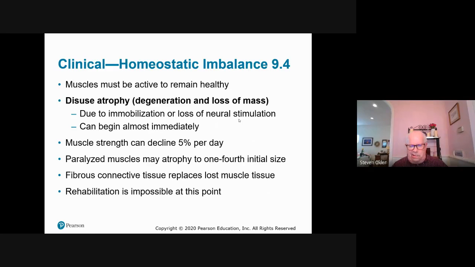And when your muscle is replaced by fibrous connective tissue, it is the point of no return. You cannot rehabilitate that muscle. Okay? So the recommendation every day is to have at least 30 minutes of exercise to maintain your muscle health and your well-being.